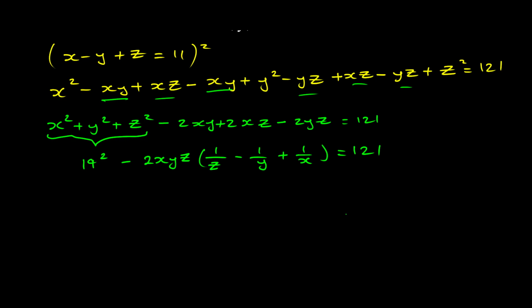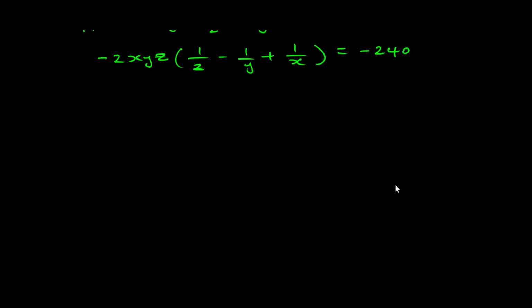Now at this point, we could find what 19 squared is, and that is 361, and subtract 361 from both sides. So we would be left with negative 2xyz being multiplied by 1 over z minus 1 over y plus 1 over x being equal to negative 240.